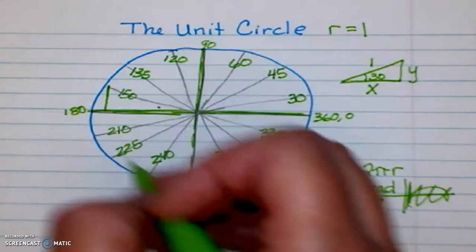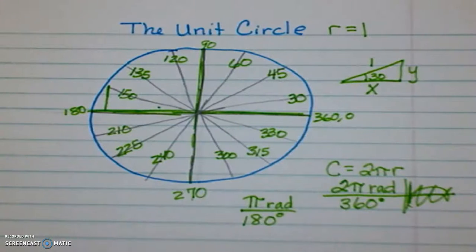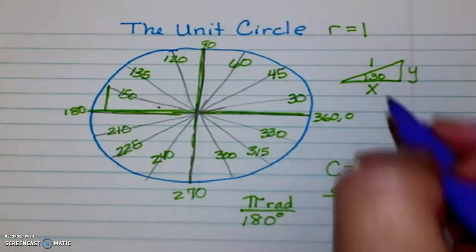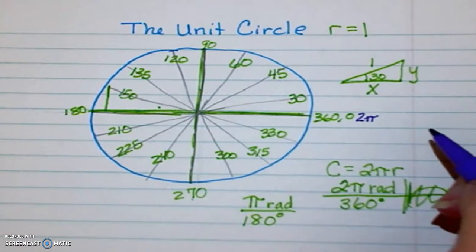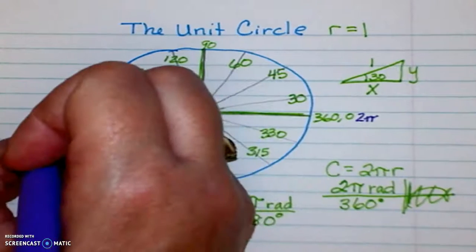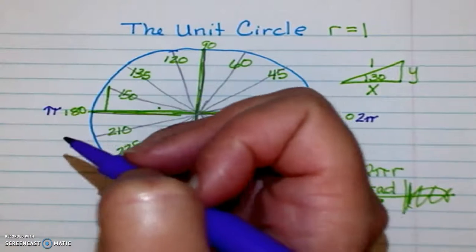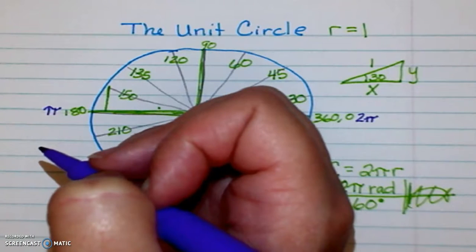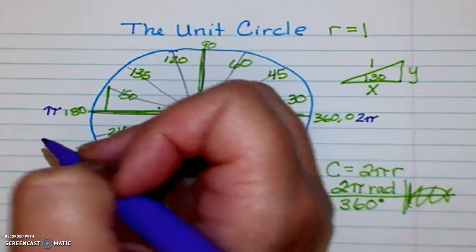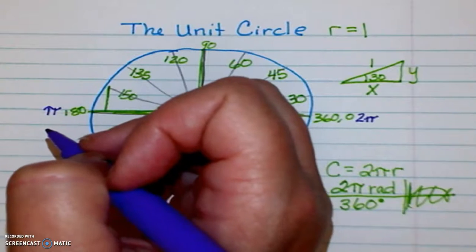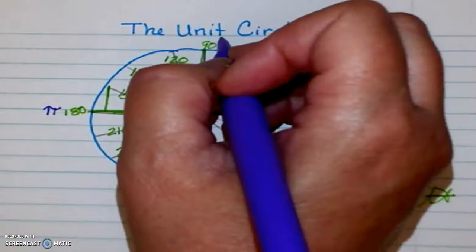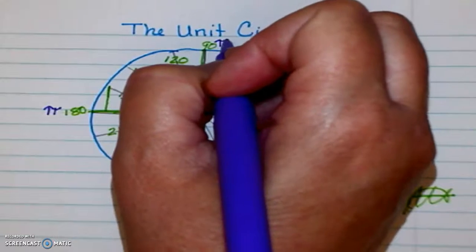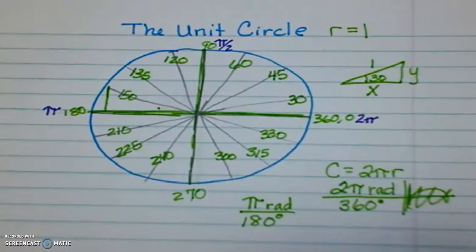So if I talk about this circle, I know that this 360 is the same thing as 2 pi. I know that 180 degrees is the same thing as pi. Half of 180 degrees is 90 degrees, so I could divide pi by 2, and 90 degrees would be the same thing as pi over 2.